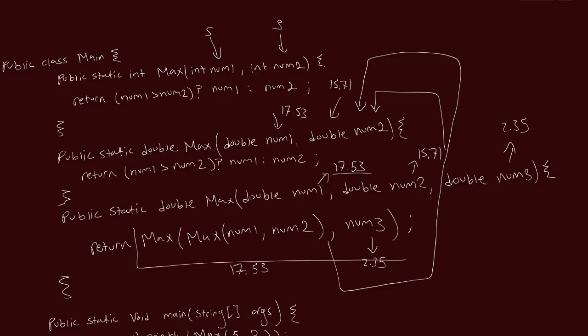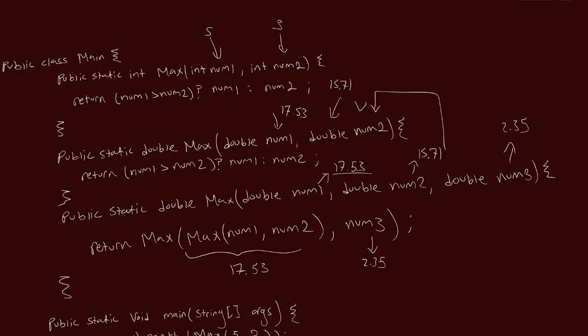We actually still haven't called this whole max method yet. That's what we're going to do now, knowing that this whole thing can be represented by 17.53, and then num3 is 2.35. What we're going to do now is go back to here, pass in num1 to be 17.53 and num2 to be 2.35.